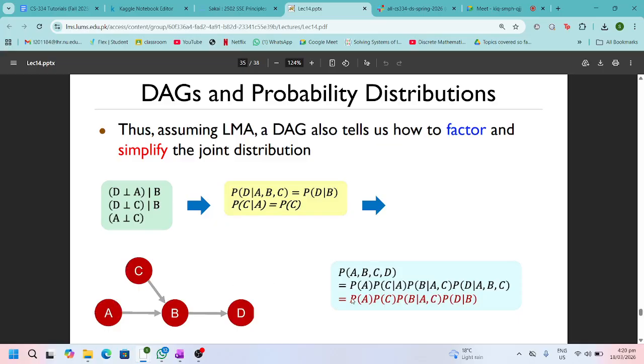So सबसे पहले आप उन nodes को state कर लेते हैं just like we did over here, probability A multiplied by probability C, क्योंकि उन्हें आप directly state कर सकते हैं. उसके बाद you take all other nodes into account and उनके लिए आप सिर्फ immediate parents पे condition करते हैं. So that's why after that I took B and B के दोनों immediate parents मुझे state करने पड़े A and C, and then I took D and D का सिर्फ एक immediate parent था B, and that was sufficient.